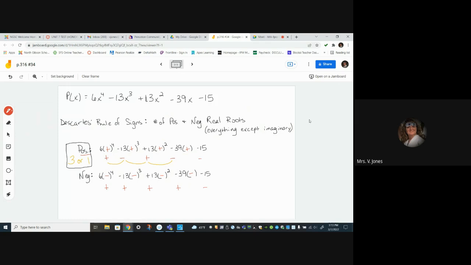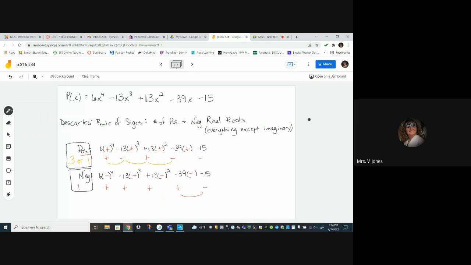So as you go left to right on this one, there was only 1 sign change. So that tells us there's going to be one negative real root.